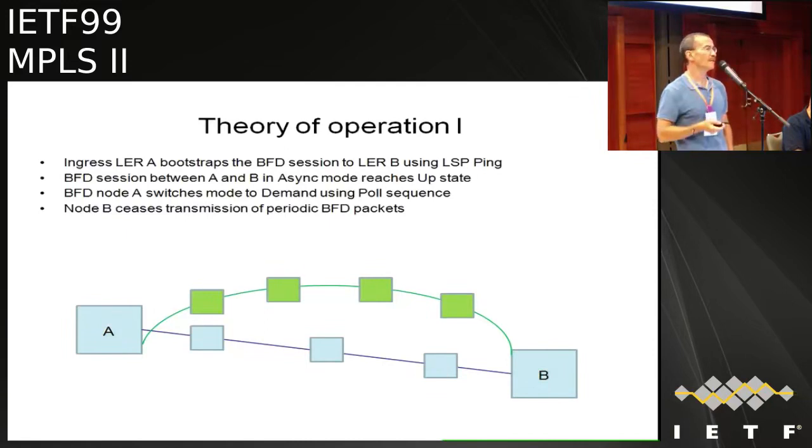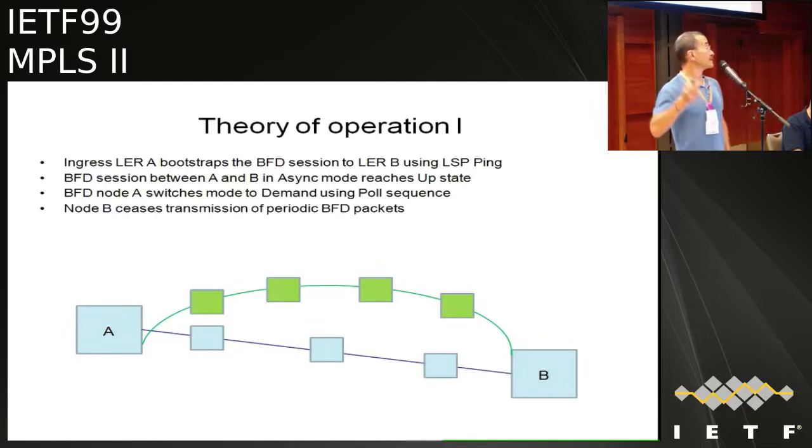It's effectively, we call it RDI. I think that we referred to it in the MPLS-TP document. RDI bit set with a poll sequence. So that's basically the mechanism.